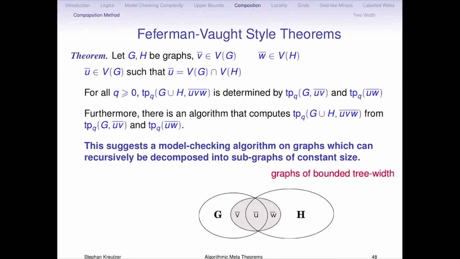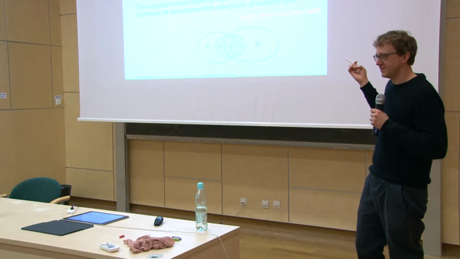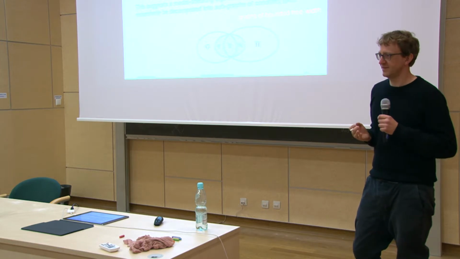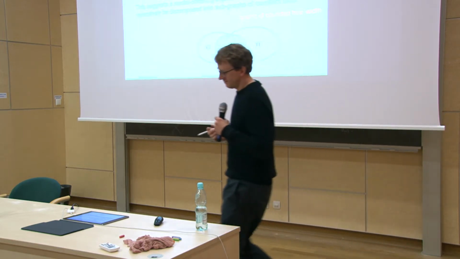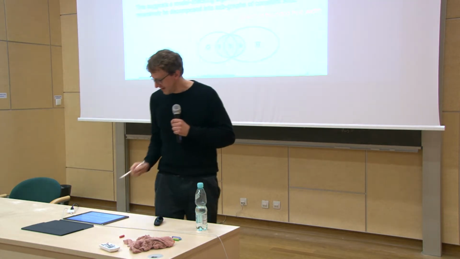If your application was only for checking sentences, yes, then you don't need the U, V, and W. No, that's true. But I will need them later on in the algorithm for computing these types. Yeah? And the theorem doesn't care about them. It's just more powerful that you can even have them.